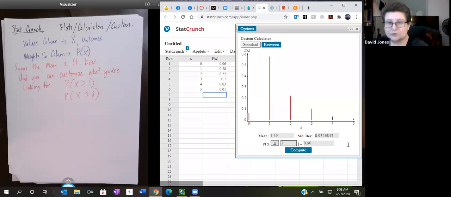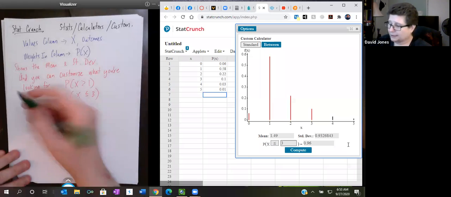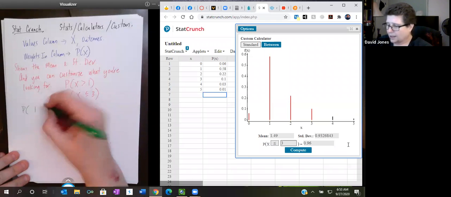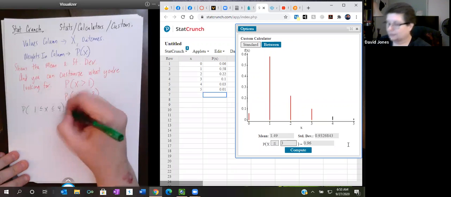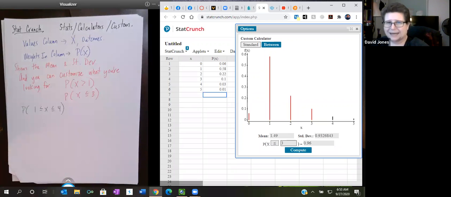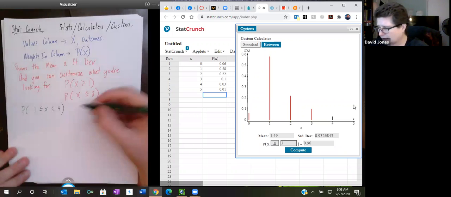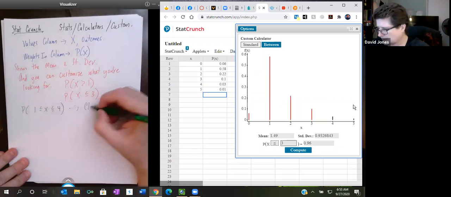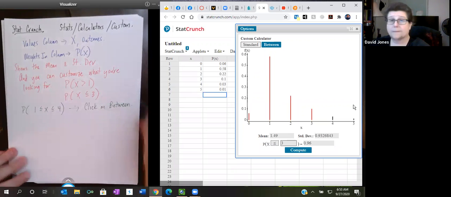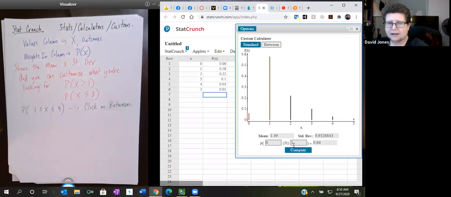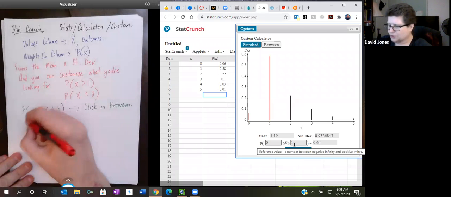You can also do range or regions. I could also do something like the probability that 1 is less than or equal to X, less than or equal to 4, by clicking on Between. And note, StatCrunch shows this.